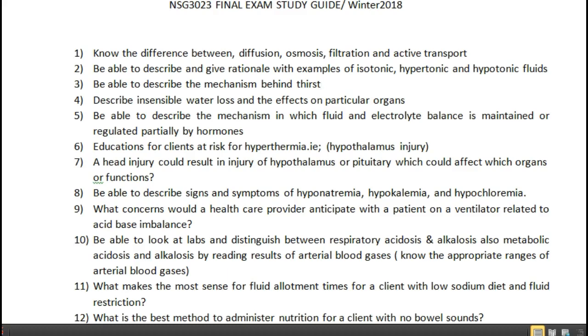Also, fluids like lactated Ringer's and plain D5 water are considered isotonic fluids. As a result, those types of fluids expand the body's extracellular fluid, causing water to shift in or out of the body.